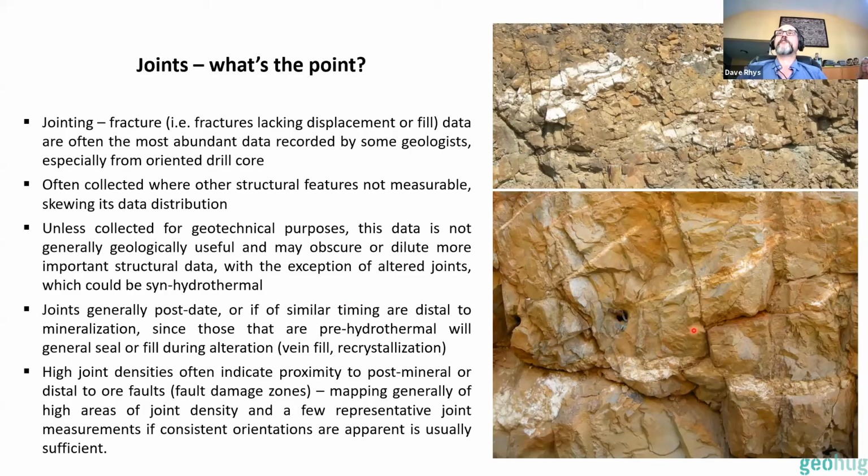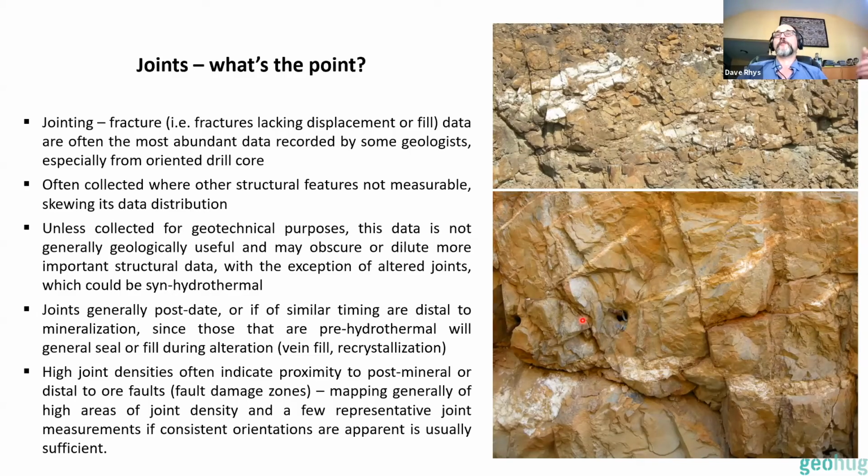So in this case, you can see these joints are cutting straight across these mineralized veins. And the reason why joints aren't that useful is because when you have hydrothermal activity, it exploits fracture networks. Joints are a fracture network, so joints tend to seal early on in hydrothermal activity.